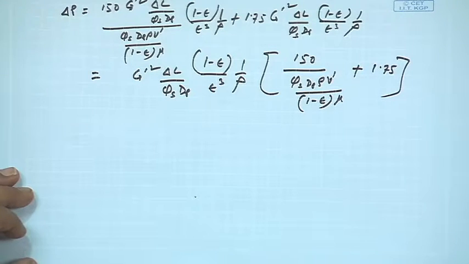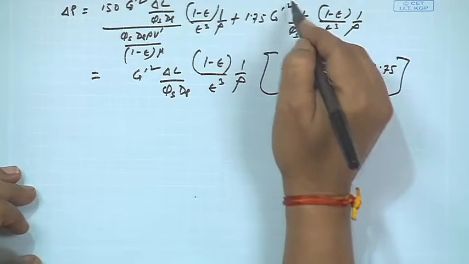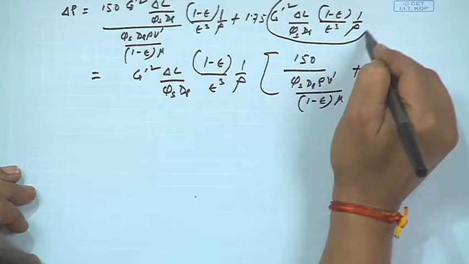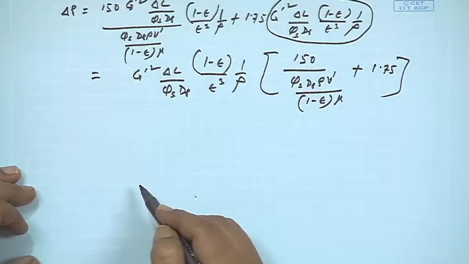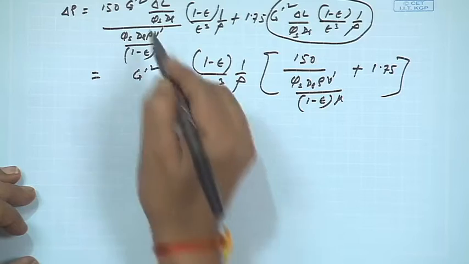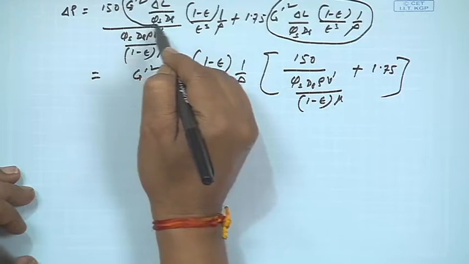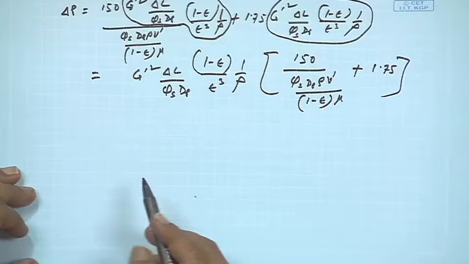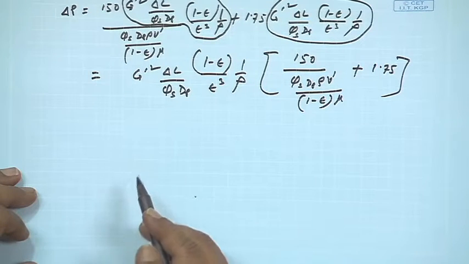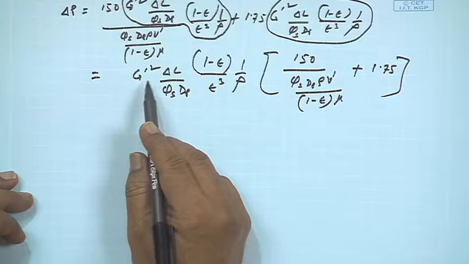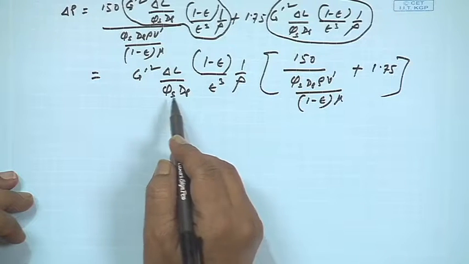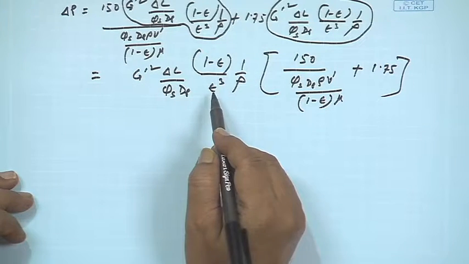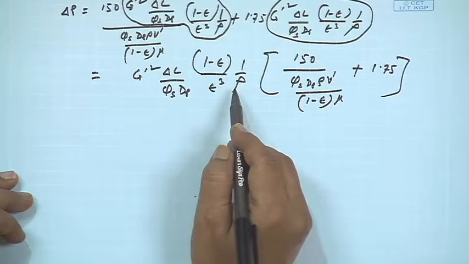We have taken this portion as common, and that has come g prime square delta L phi s dp 1 minus epsilon by epsilon cube into 1 by rho.